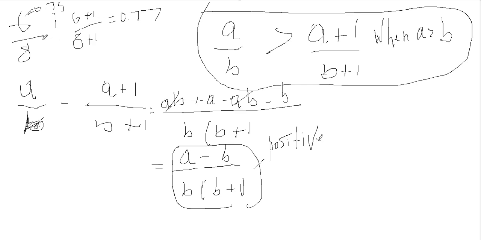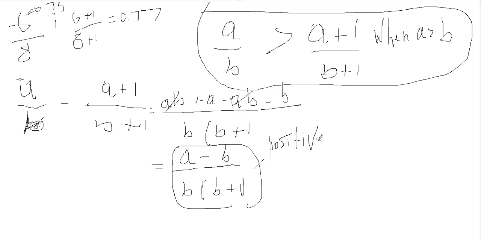As you can see, A over B is not greater in this scenario, because A is less than B. So since that was a generalization, any example where A is less than B is going to give the opposite result.